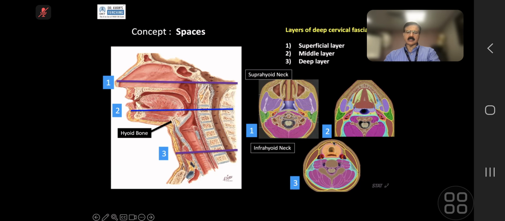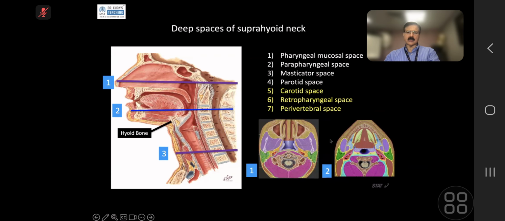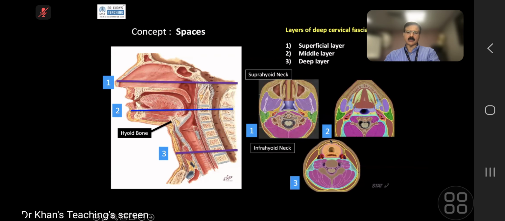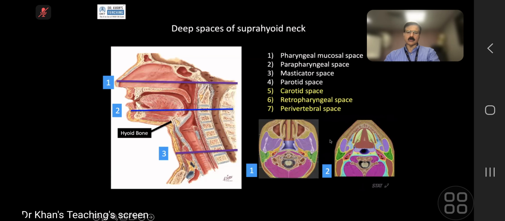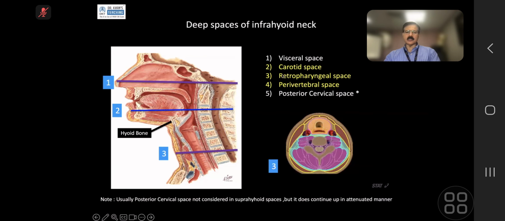But of course, there are other spaces which will also be involved in this case. In infrahyoid neck, there are 5 spaces. In suprahyoid neck, there were 7. In infrahyoid is the visceral space. This is the space which is surrounding the thyroid gland and the surrounding structures.